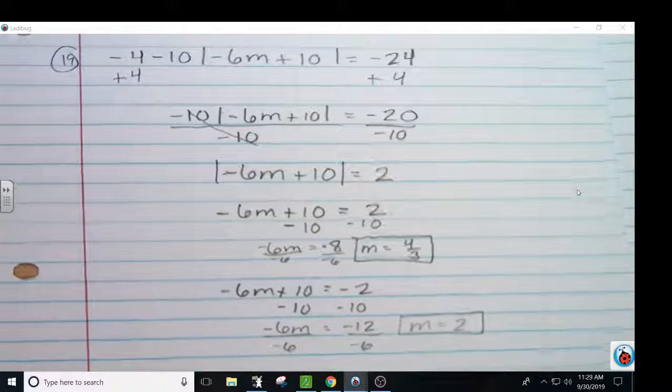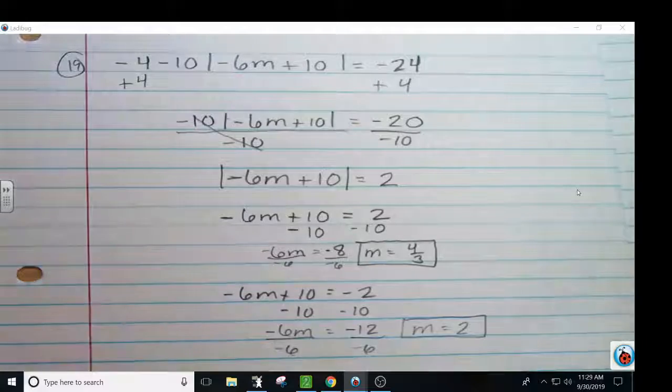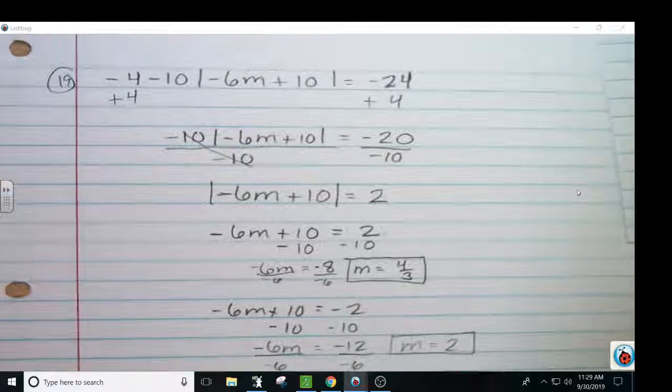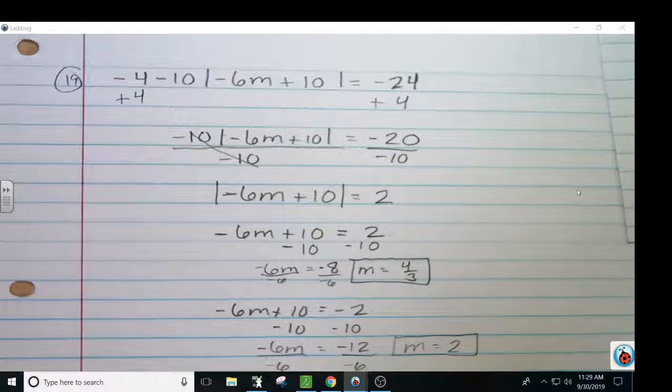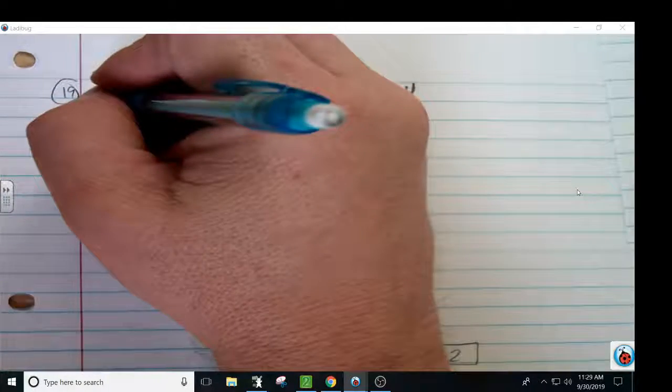Now, guys, I showed the second period how to plug this in the calculator to make sure your answers are legit answers. I'm gonna show you that real quick. Okay, so guys, everybody realizes this is our original equation.